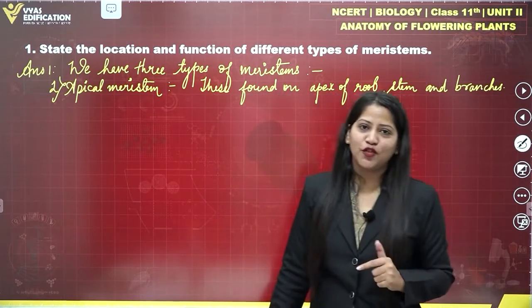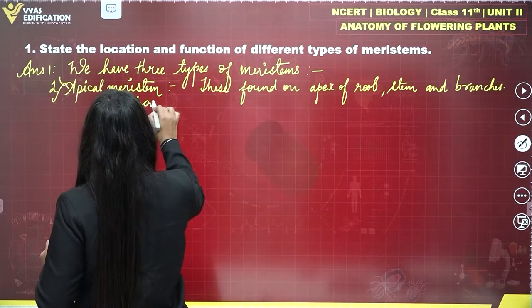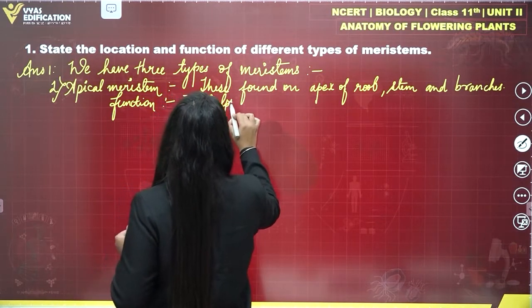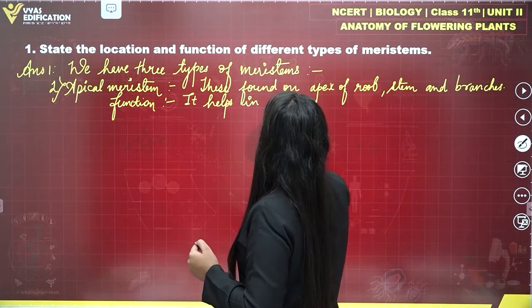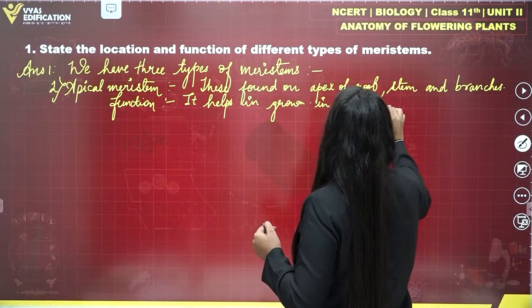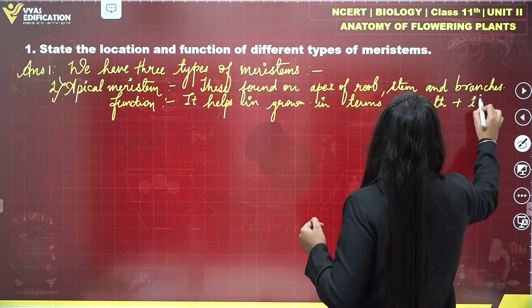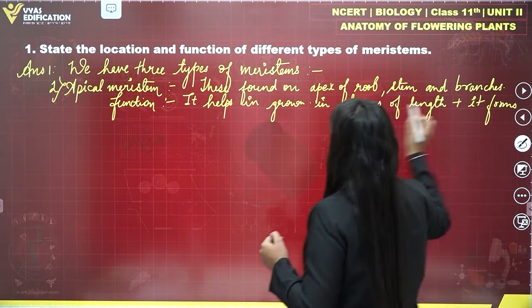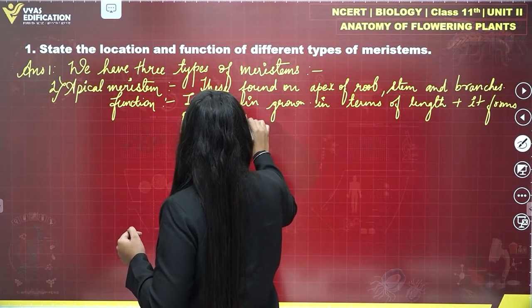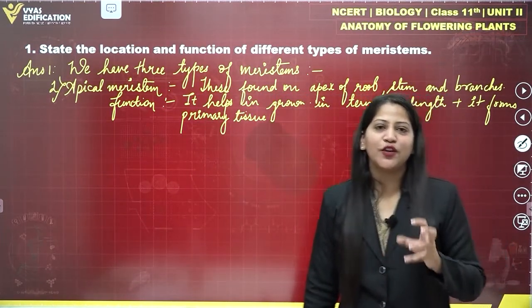Now if we talk about function, then it helps in growth in terms of length, also it forms primary tissue. So this is the function as well as location of apical meristem.